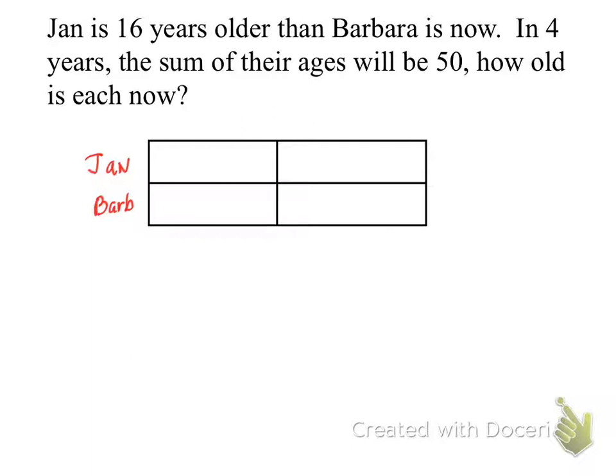Okay, in addition to the two people, I'm comparing their age. So we're comparing Jan and Barb's age, but we're also looking at different time periods. We're talking about now and in 4 years, or the future. So I always label it.